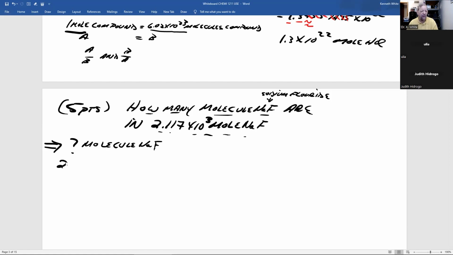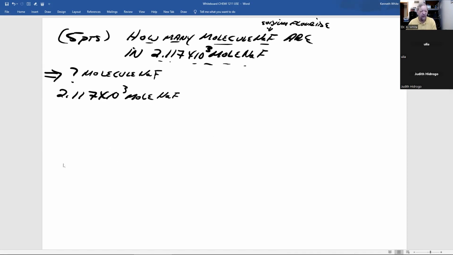We have 2.117 times 10 to the third moles, and you usually don't put the S in there, even though you say it, NaF. Now, one thing I should point out, if you look at certain books, they'll write mole, MOL. That's the newer way. I like the old way. I'm old-fashioned. All right. Now, there's only one number we have to start with. This.